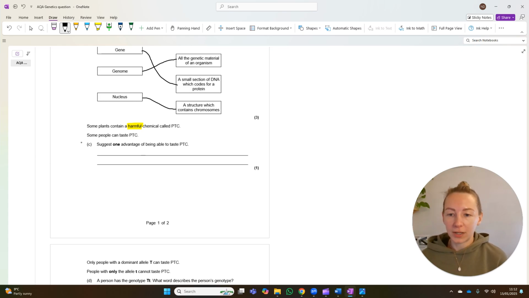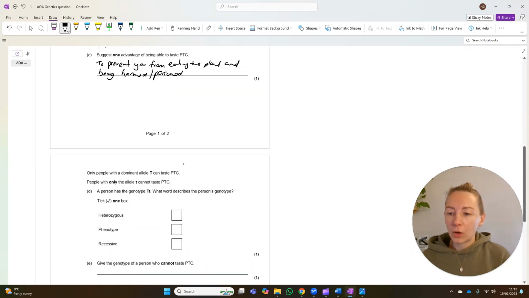So one advantage of being able to taste it would be to prevent you from eating the plant and being harmed or poisoned.